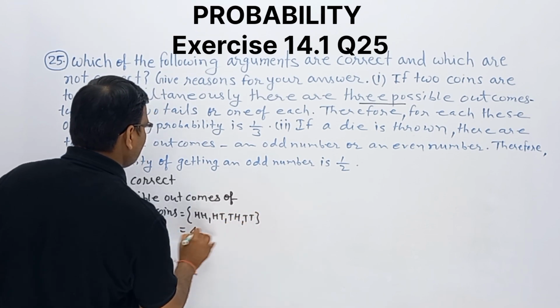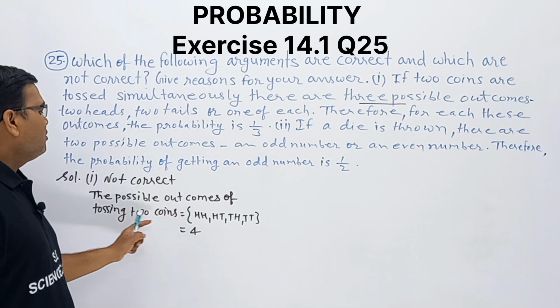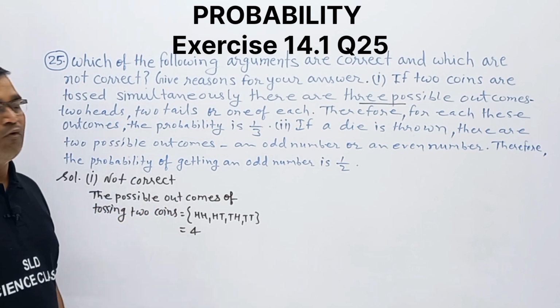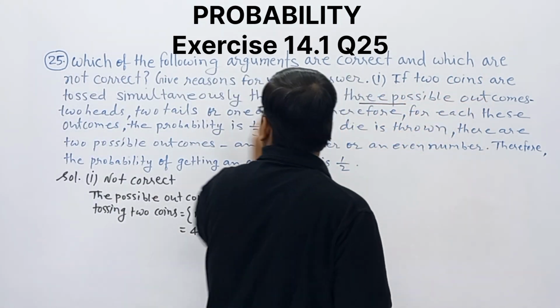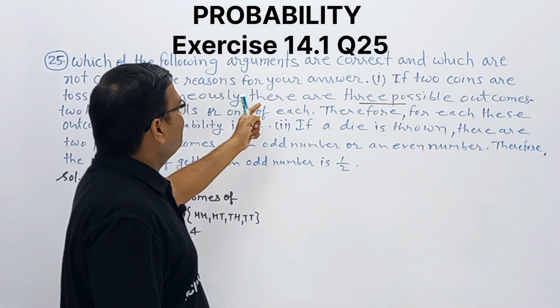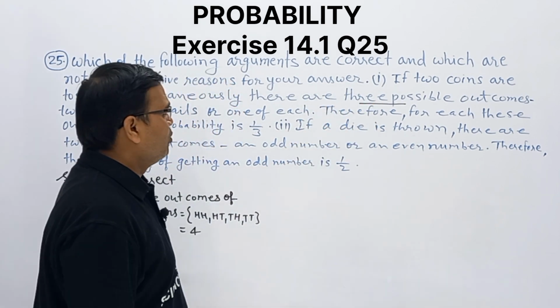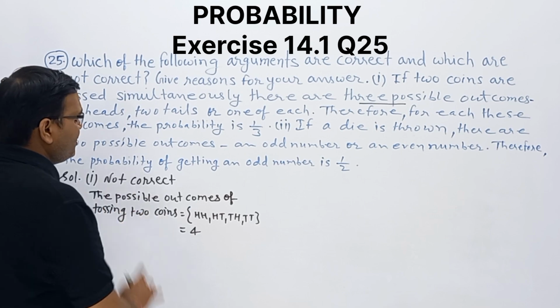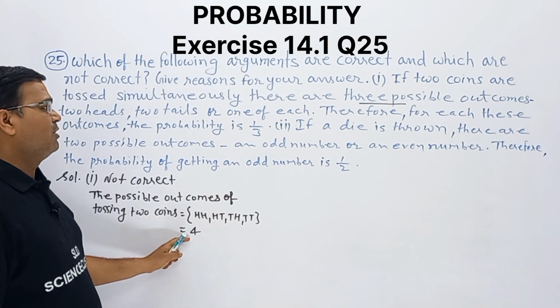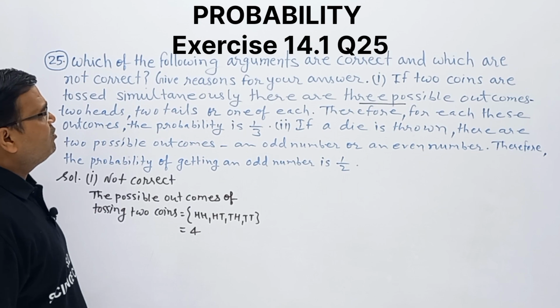Four possible outcomes we are getting. In the question we have: if two coins are tossed simultaneously, there are three possible outcomes. No. The possible outcomes of tossing two coins, we are getting four. Clear? So this argument is not correct.